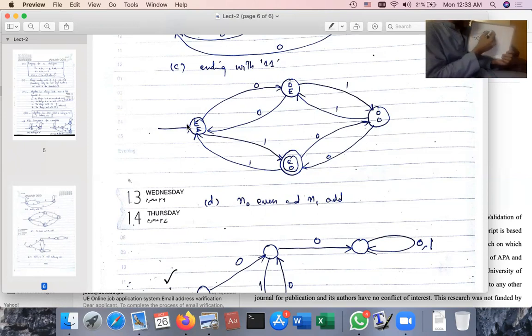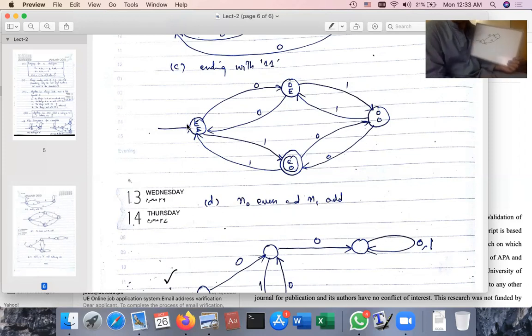So 0 and then 0 and then again 0 and then 0.